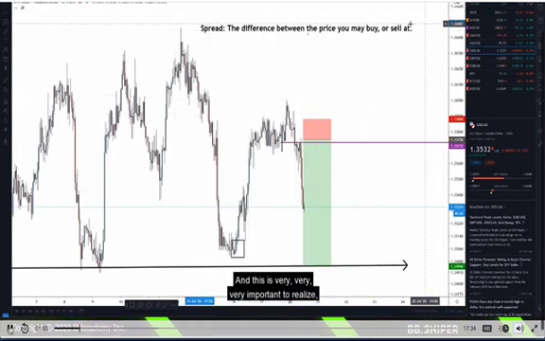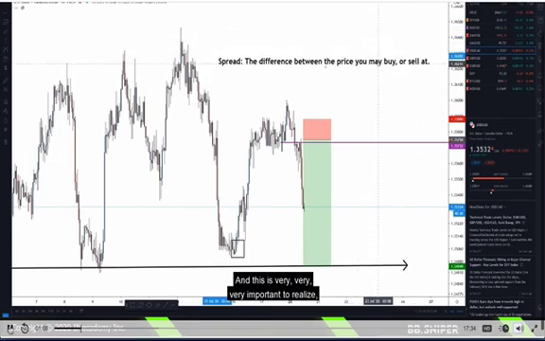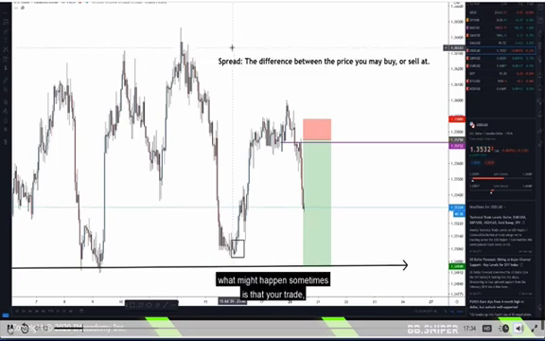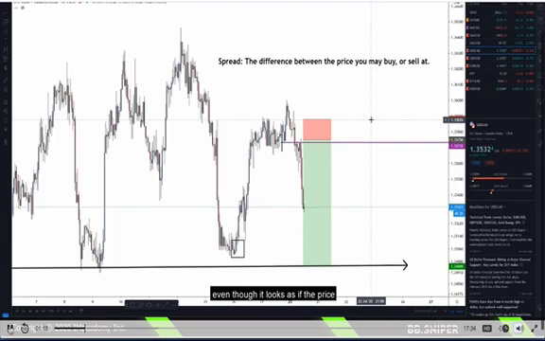And this is very, very important to realize, because if you're not factoring in the spread, what might happen sometimes is that your trade, even though it looks as if the price traded into or through your point of interest, maybe you put a limit order, perhaps you had a specific price level that you were looking at, and when you go back, it looked as if the market traded into or even slightly through your point of interest.